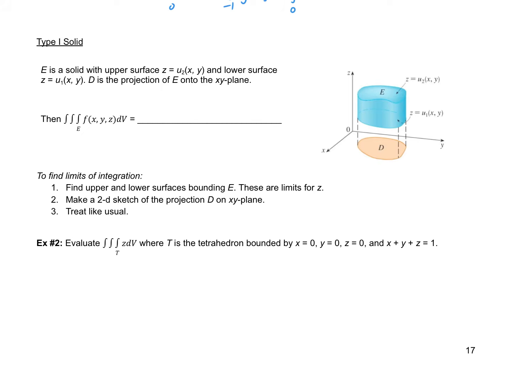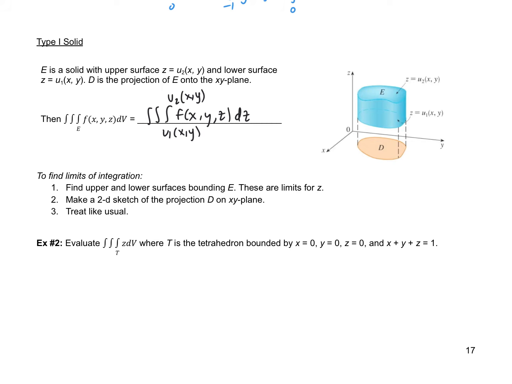So if we want to figure out what our dV looks like, what our limits of integration would be, we would have a triple integral of f of x, y, z. What we would end up doing is integrating with respect to z first, from that lower function to that upper function.